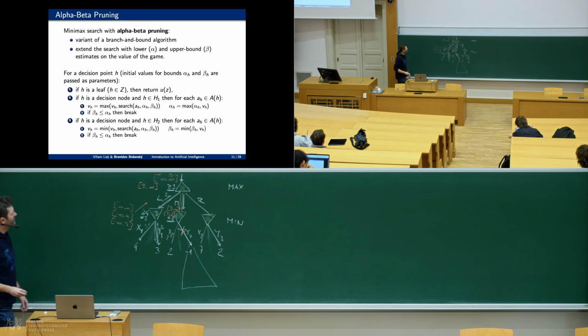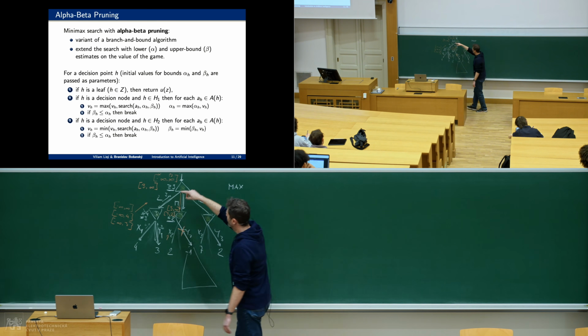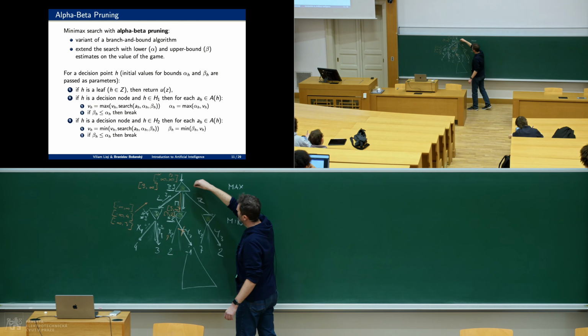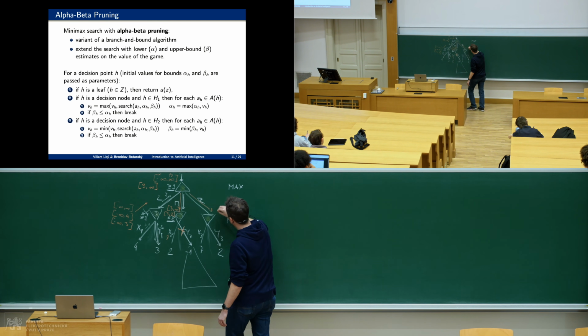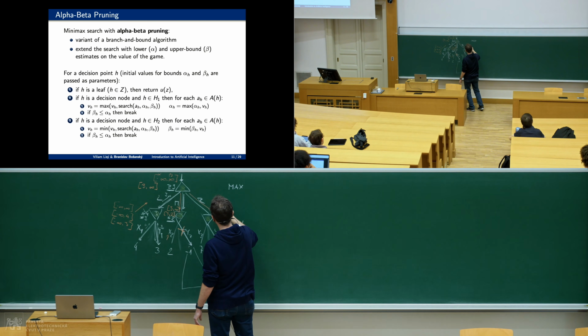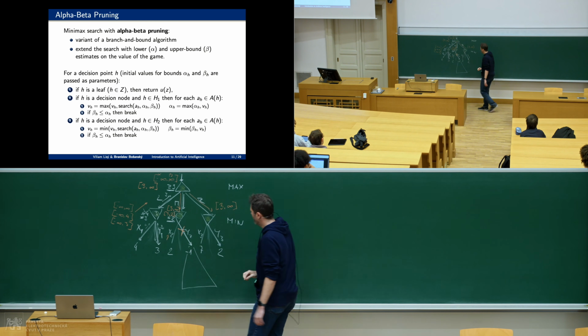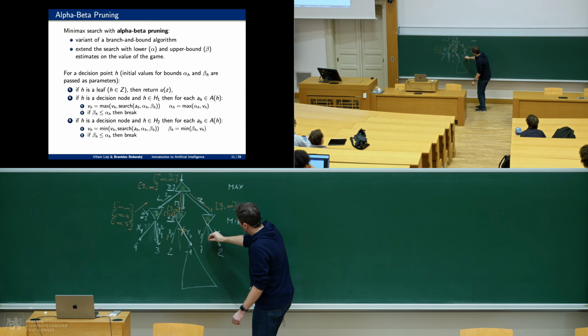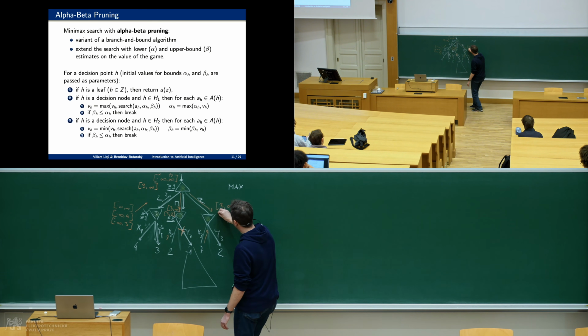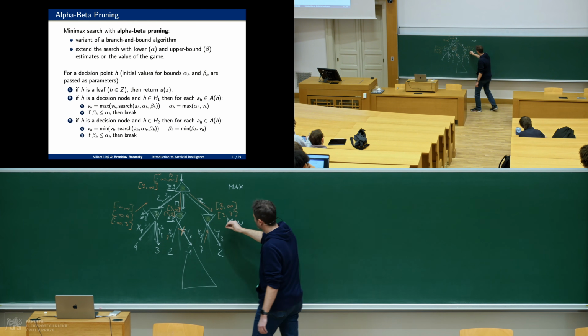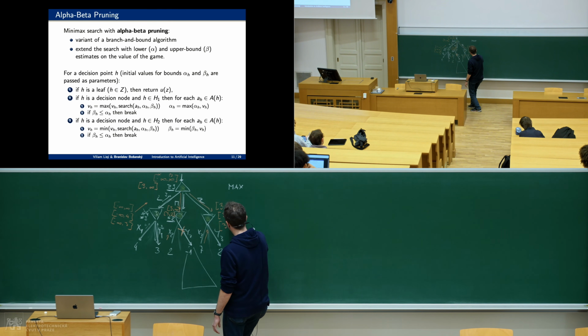Right, and then I will go back. I have still value of 3. I'm exploring here again with values 3 plus infinity. After exploring the first child, I will get 3 and 7. After exploring the second child, I have 3 and 2.